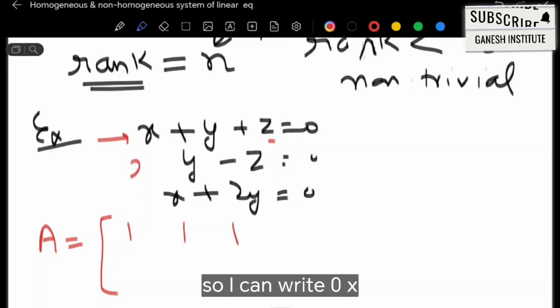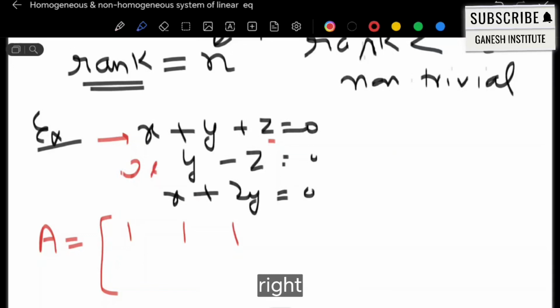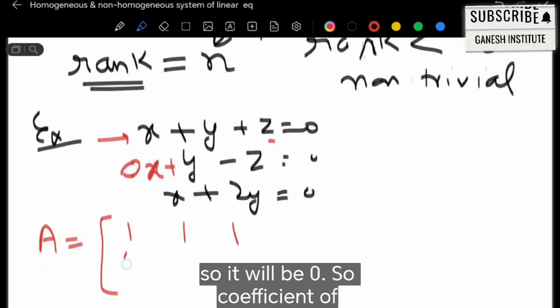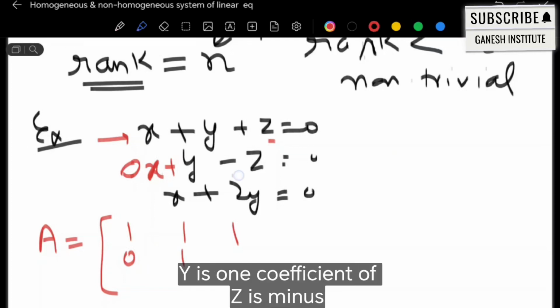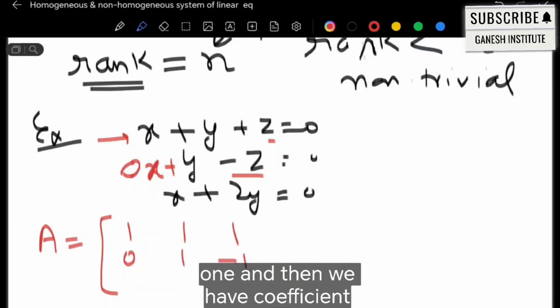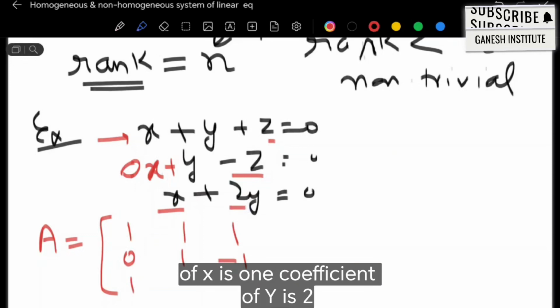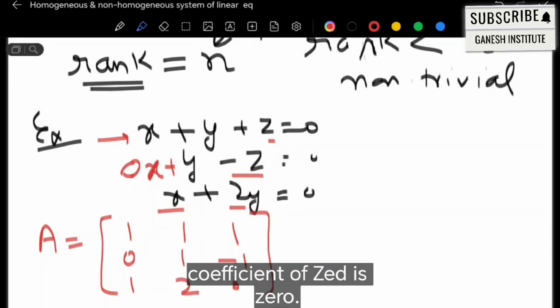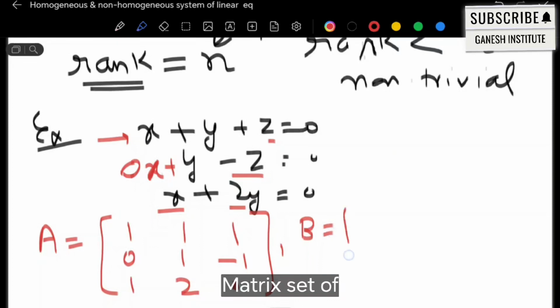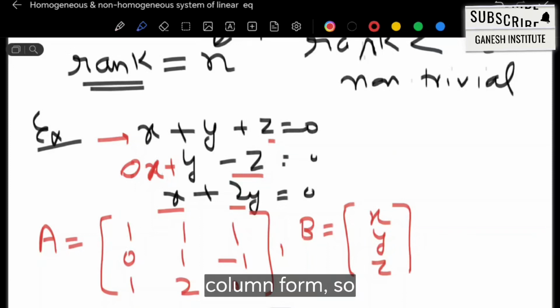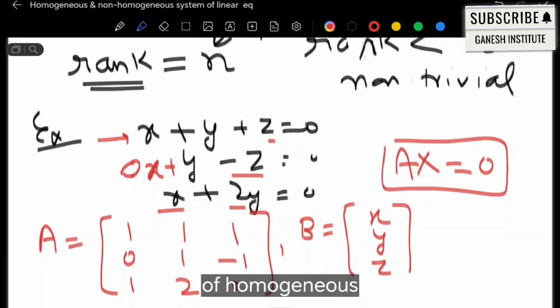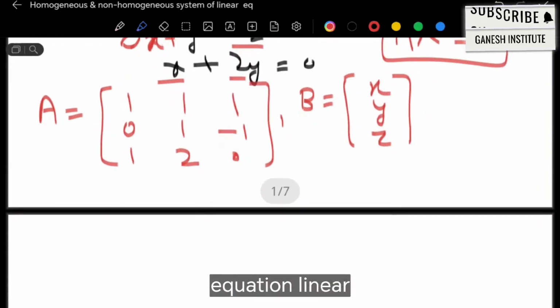Here there is no x, so I can write 0x. So it will be 0, coefficient of y is 1, coefficient of z is -1. And then we have coefficient of x is 1, coefficient of y is 2, coefficient of z is 0. What is the column matrix? The set of variables x, y, z in column form. So it is in the form of AX = 0, a system of homogeneous linear equations.